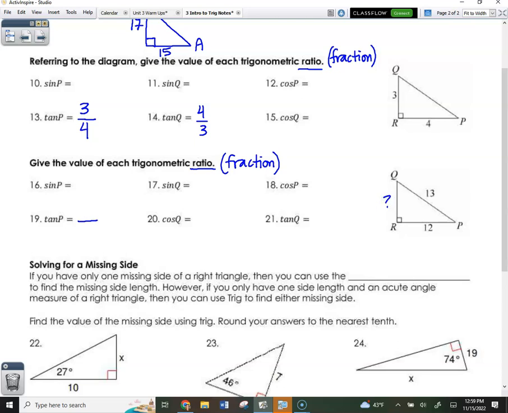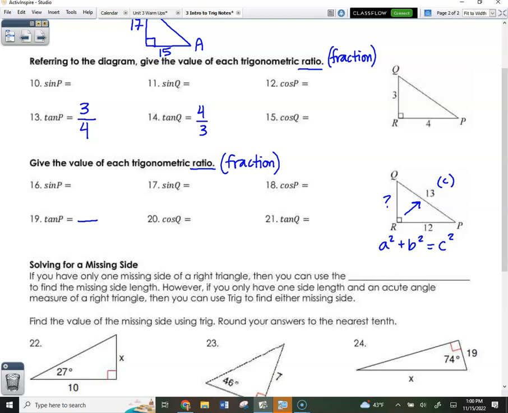Okay, go back to the very first lesson from this unit. What did we learn to find the missing side of a right triangle when you know two sides? The Pythagorean theorem. So you would use that here. What part would go in place of C? 13 would go in place of C. If you think back to that chart with the Pythagorean triples, you might remember that 5, 12, 13 was a Pythagorean triple.